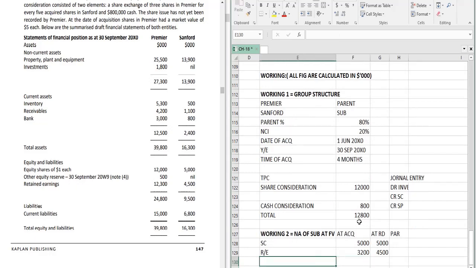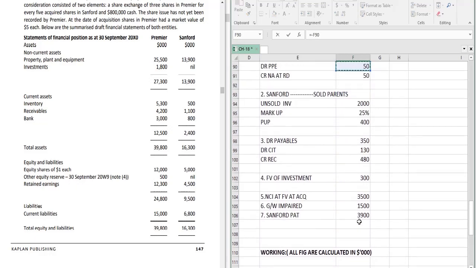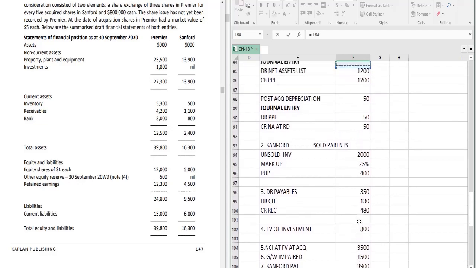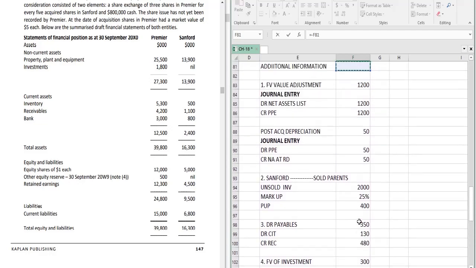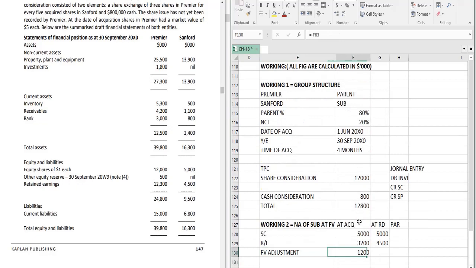Okay, then we have a fair value adjustment, but the question is telling us the fair value is below its carrying amount, so we will deduct this amount, 1200. Okay, the same will be on the reporting date as well.